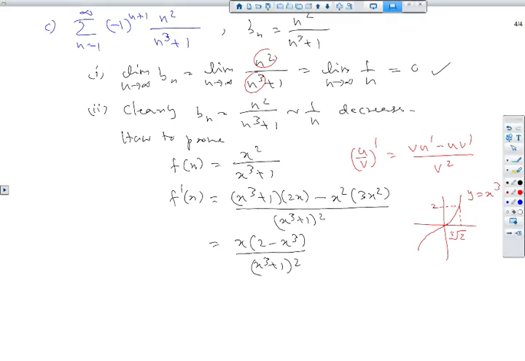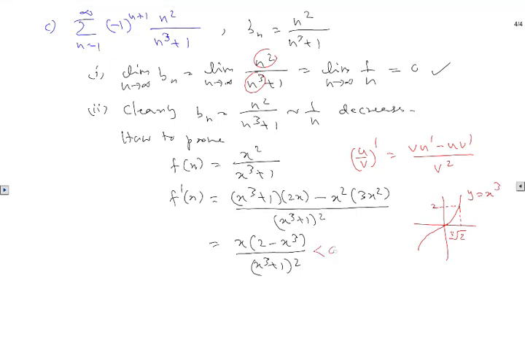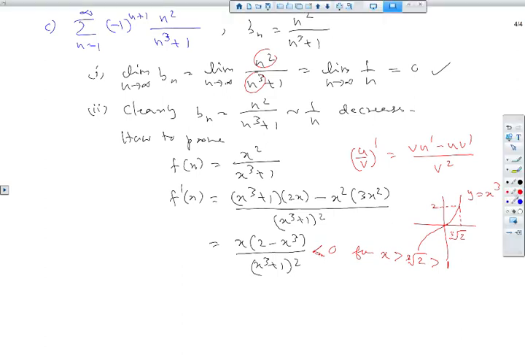So this is negative for x greater than the cube root of 2. The cube root of 2 is more than 1, so if you pick 2, that's going to work. So the derivative is negative, which means the function has to be decreasing.